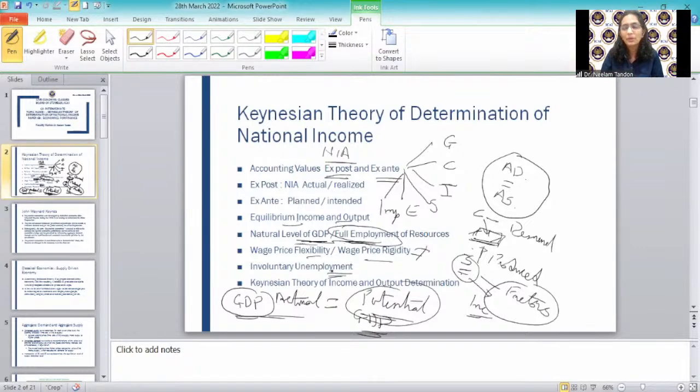No. Can you increase crop production in a short period of time? No. So tomato prices suddenly go up, onion prices suddenly go up. It is only because of the demand front. Supply cannot be increased in a short span of time. So supply has to be long-term, and aggregate demand is the short-term measure to bring the economy back on track. That is what Keynes proposed.